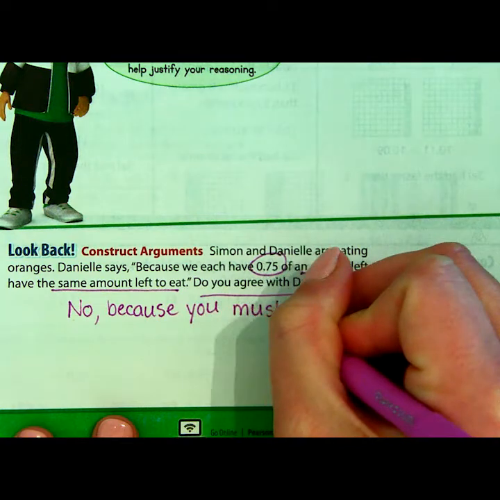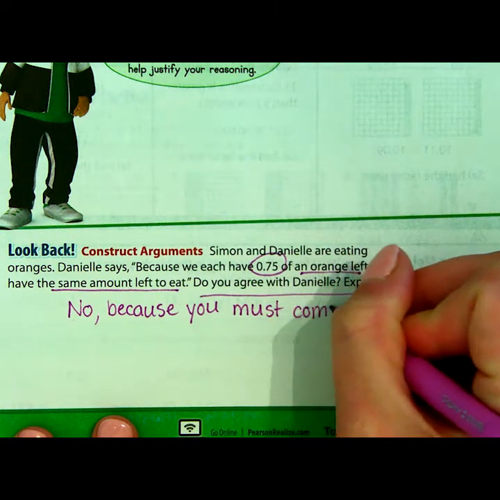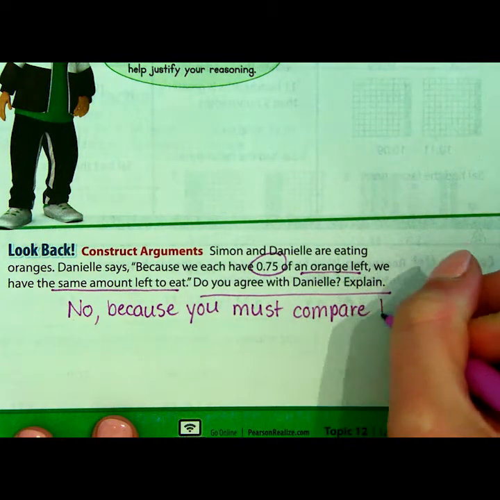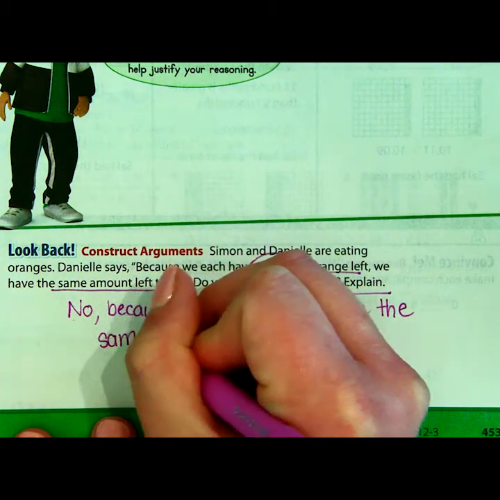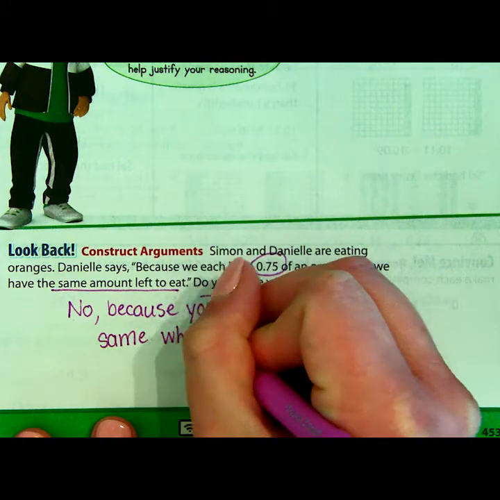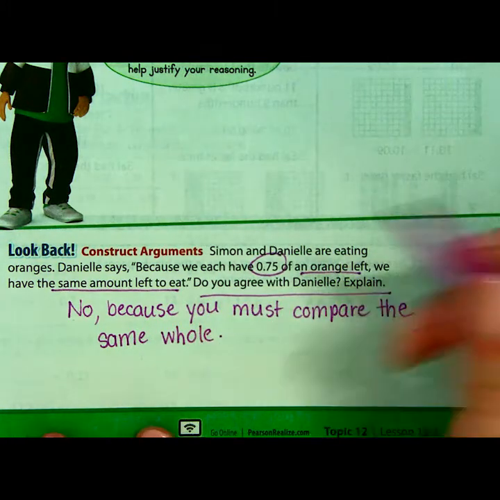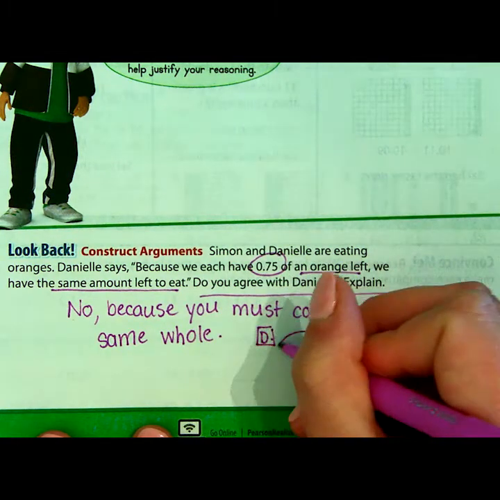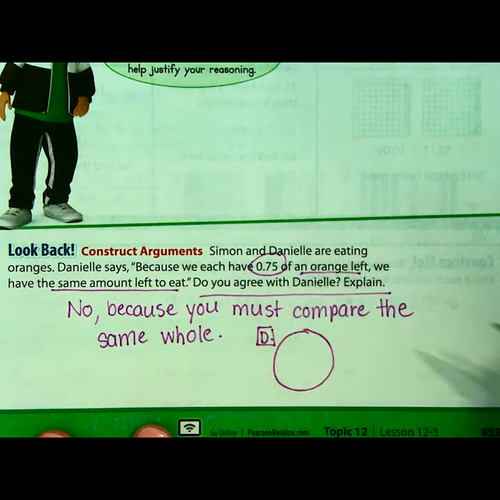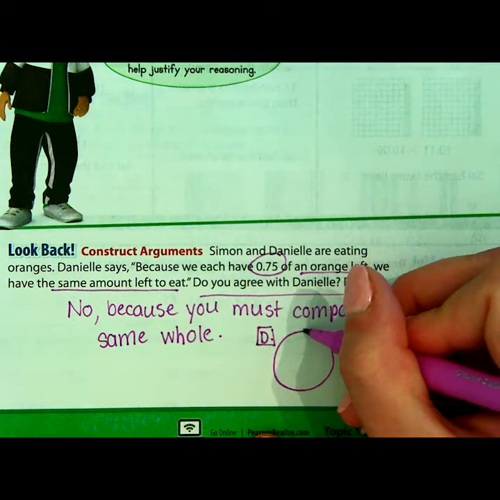you must compare the same whole. Now, what does that mean? Well, basically, let's say here's Danielle's orange, and it's this big. And she has 75 hundredths left to eat.